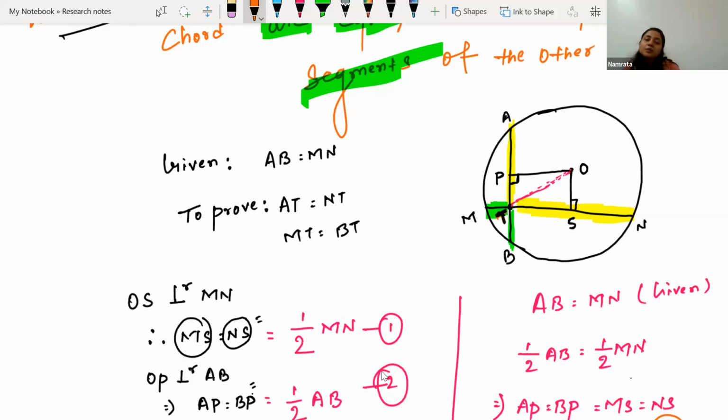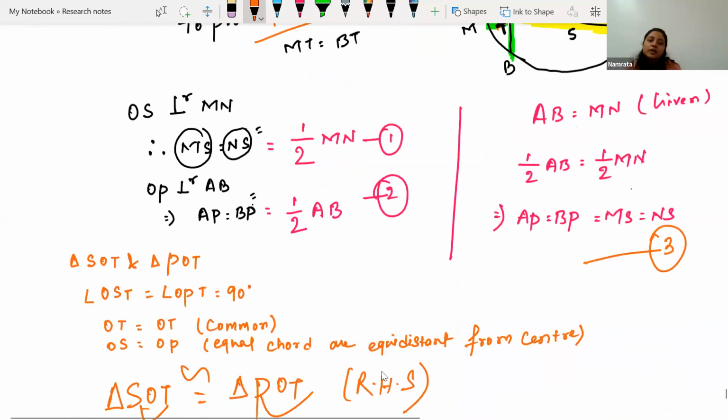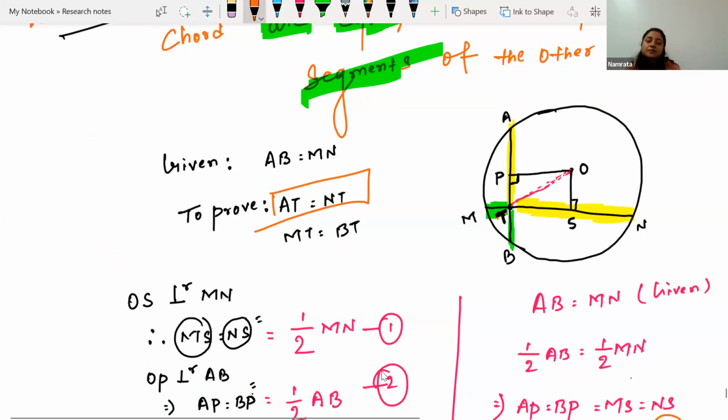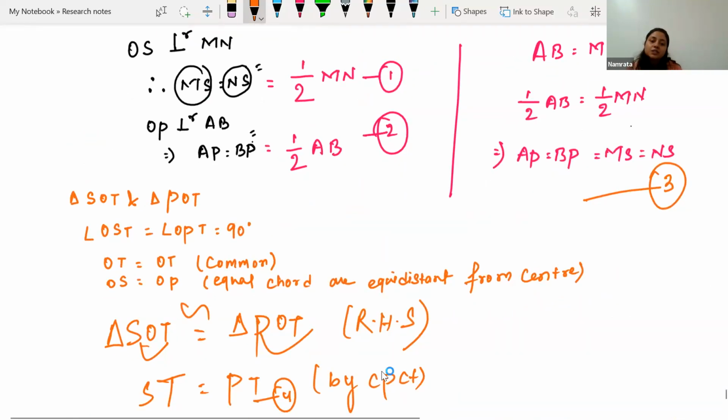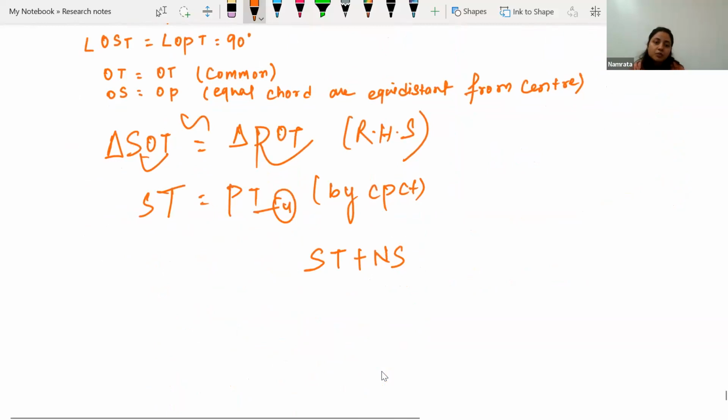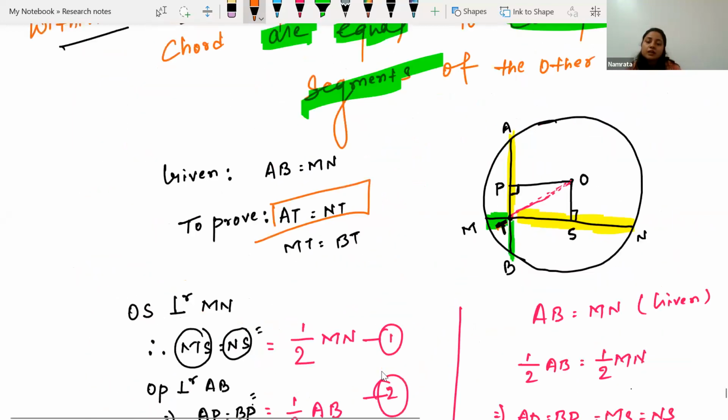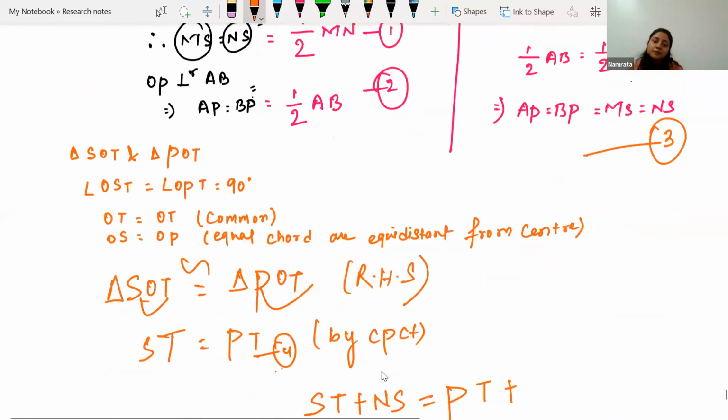If all together the yellow parts are equal, then we can say what we wanted to prove, AT is equal to NT, the yellow parts. Okay, so I have taken ST plus NS. Now I will take PT. I am using equation 4. I am taking PT plus the other yellow part, AP.